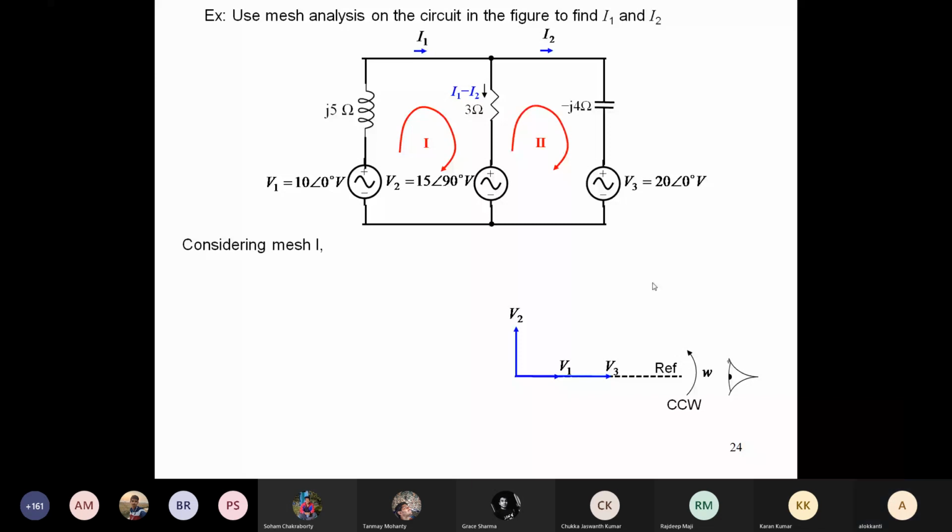It is V1, 10 angle 0, then minus j5 I1. Then through this 3 ohm, it is basically I1 minus I2, so again minus 3 (I1 minus I2).